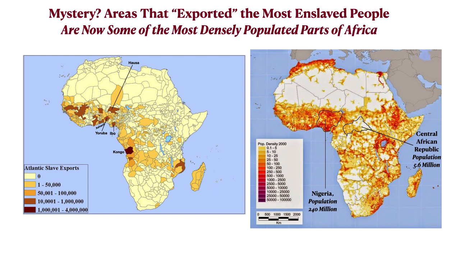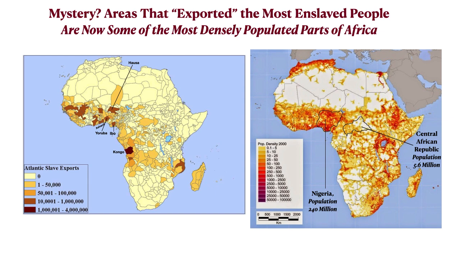It's kind of hard to do, but it's not an area depicted as having sent many slaves across the Atlantic at all. But yet this is a very low populated area. It's about the same size as Nigeria, or comparable size anyway. But whereas Nigeria has 240 million people, Central African Republic has about 5.6 million.